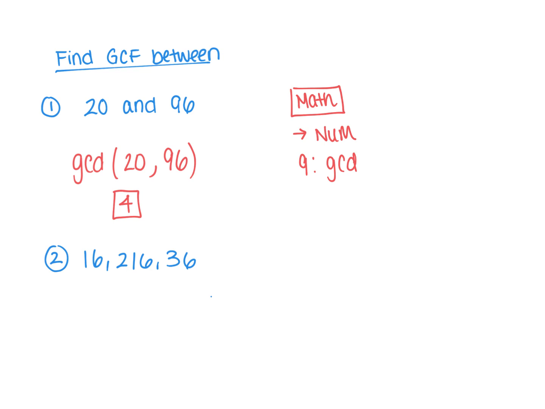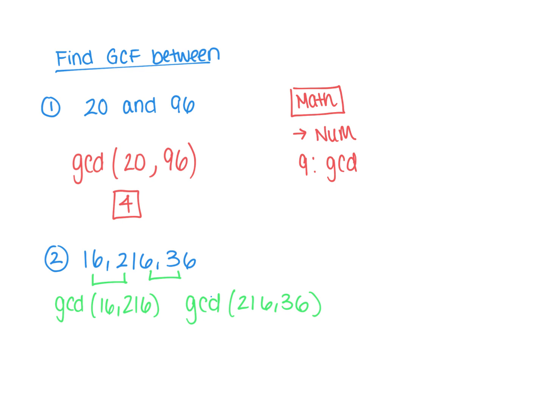We actually have to find the GCF or GCD of these two first. So GCD of 16 and 216. Then find the GCD of these two separately, so GCD of 216 and 36, and then find the GCD of those answers. So take a couple seconds and put these two into the calculator, pause the video, and hit resume when you're ready for the answer.